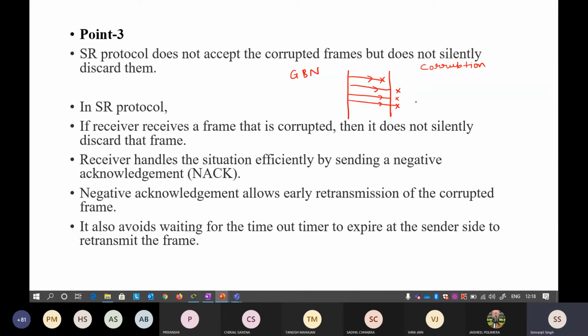Okay, so it can also happen. So in GBN, first of all, out of order packets are discarded.